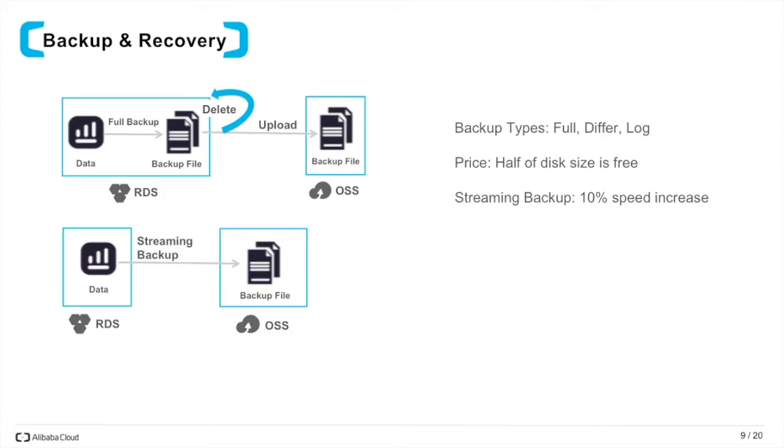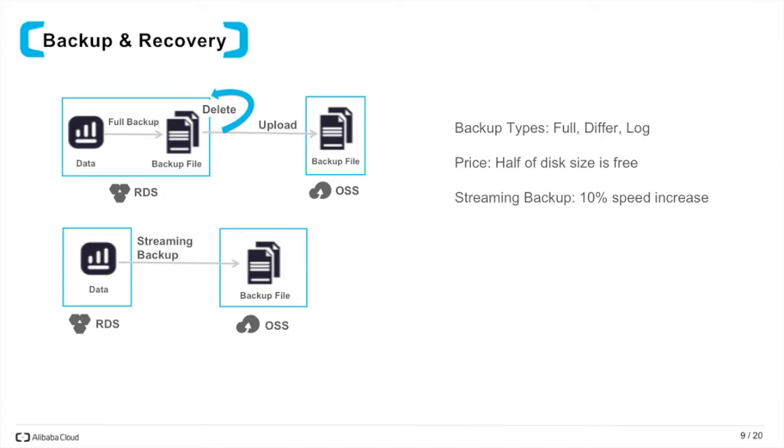In the past, we used to save backup files on local disk first, copy them to the OSS, and lastly delete the local files. We found two problems with this method. First, the backup file may fill the local disk space, and second, the backup process consumes too much time.